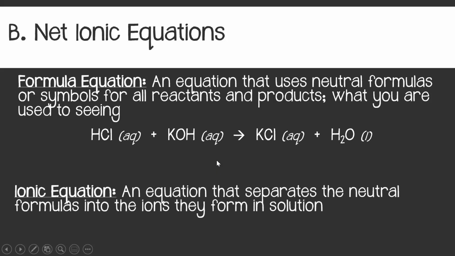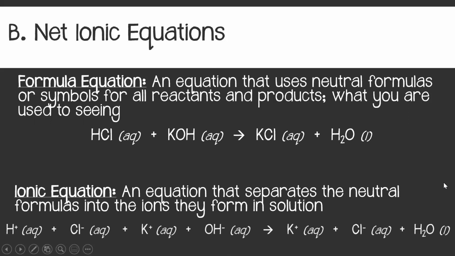Okay, an ionic equation. You sort of know how to do this, you just haven't written them yet. Basically, it's an equation that separates all of the neutral formulas into the ions that they would form in solution, specifically an aqueous solution. So it looks something like this. I've taken HCl and split it apart into H plus and Cl minus, the ions they form.